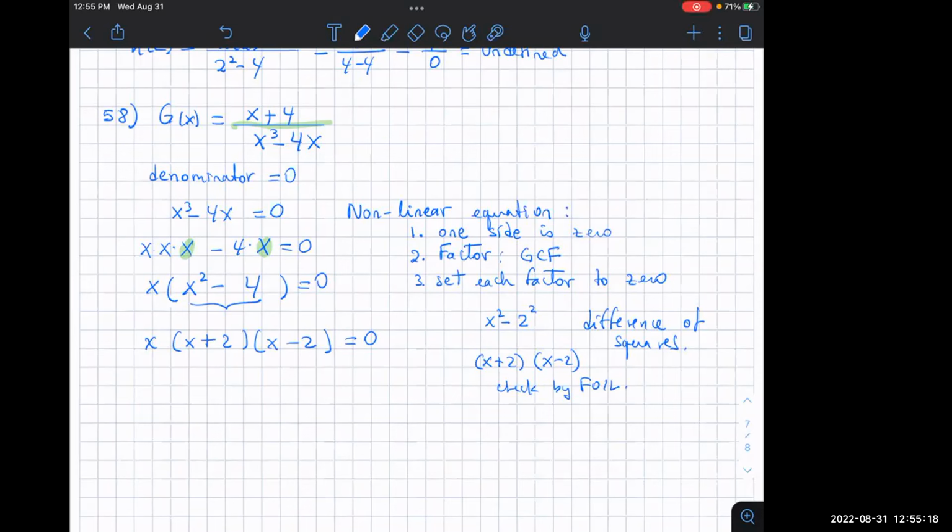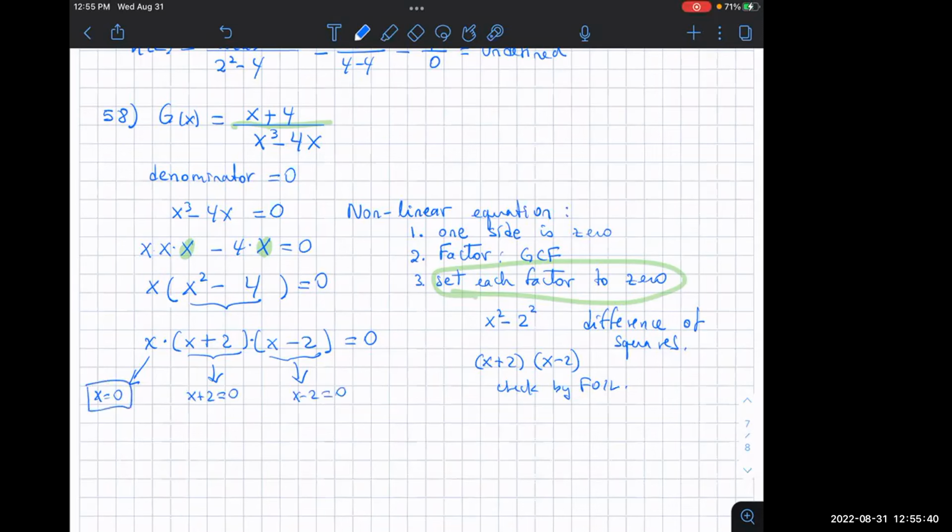Now step 3, set each factor to 0. The factors are the ones that are separated by multiplication. So x is 0, x plus 2 is 0, x minus 2 is 0.